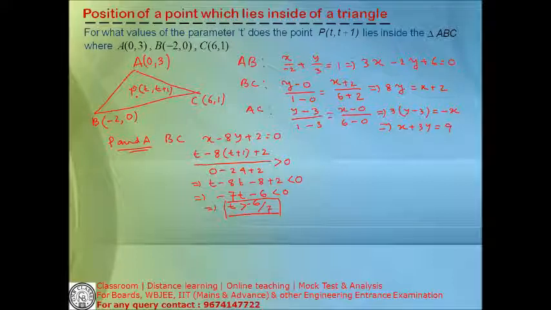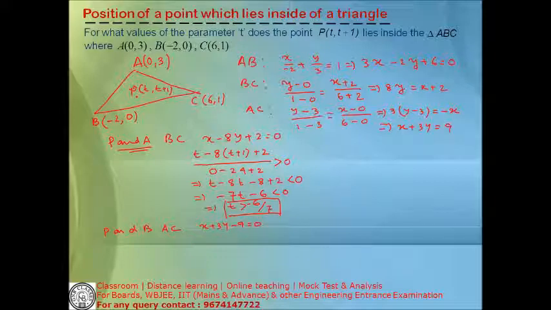Now again, the point P and B are lying on the same side of the straight line AC. The equation of AC is x plus 3y minus 9 equals 0.